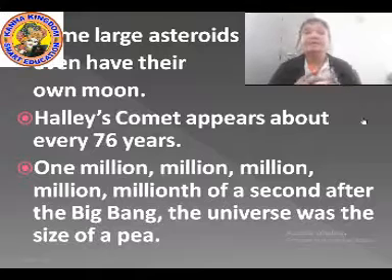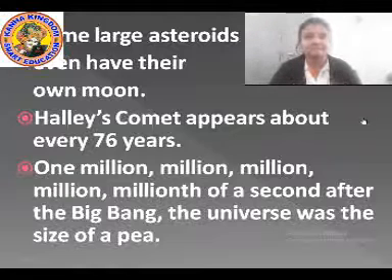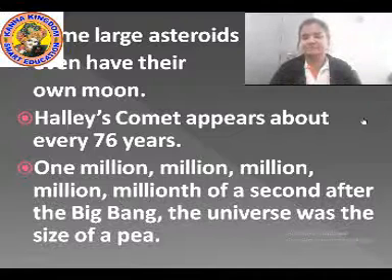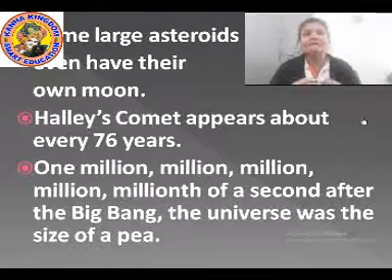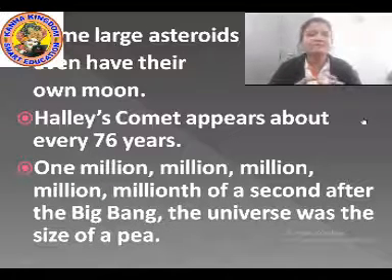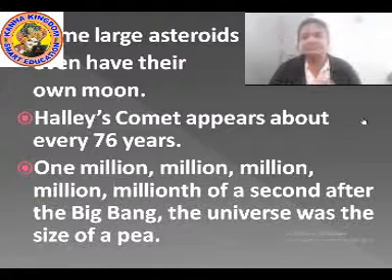Okay? Now talking about comets. One comet by the name of Halley. Halley's Comet appears about every 76 years. About every 76 years you can see Halley's Comet.